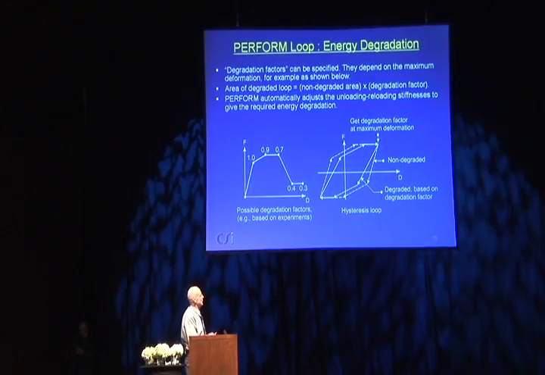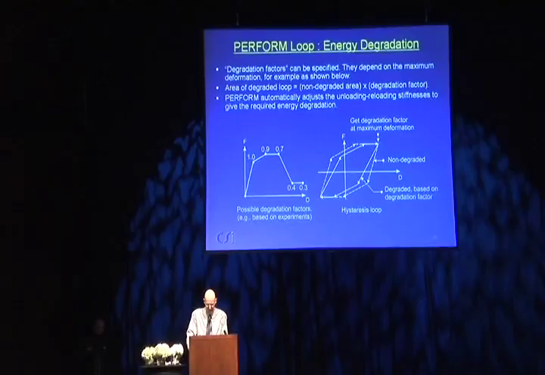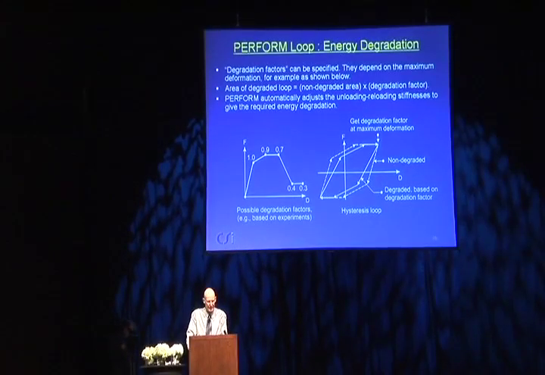So it was assuming a lot of degradation, that the area of the degraded loop under cyclic loading was only 15% of the area of the non-degraded loop. But you can specify any numbers you like if you have experimental data available. It's not too difficult to pick some reasonable numbers. That's the first thing you can do: you can control the amount of energy degradation using degradation factors.